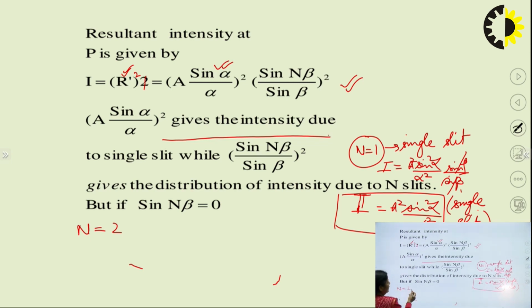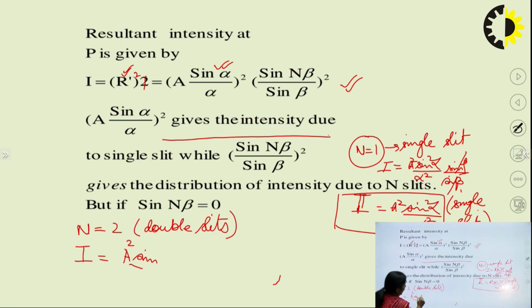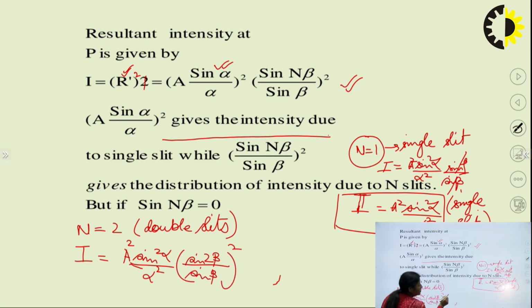So for N equal to 2, we have double slits, and we must look at what the value of intensity is here. The first part remains A square sine square alpha by alpha square. What happens to the second part? With N equal to 2, we have sine 2 beta upon sine beta, whole square.